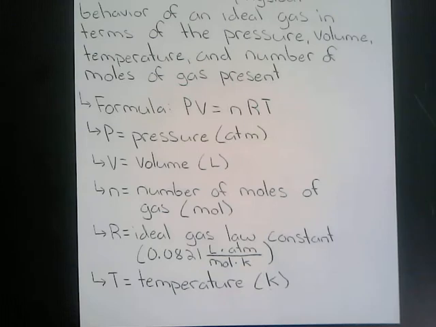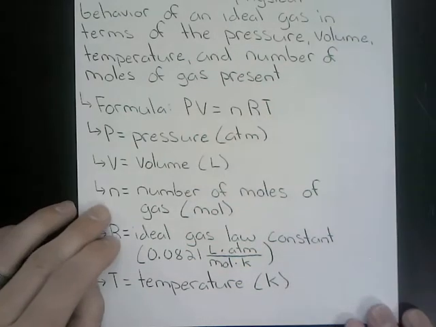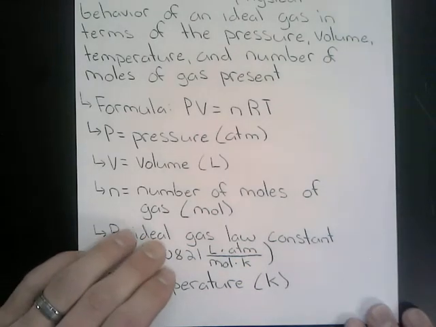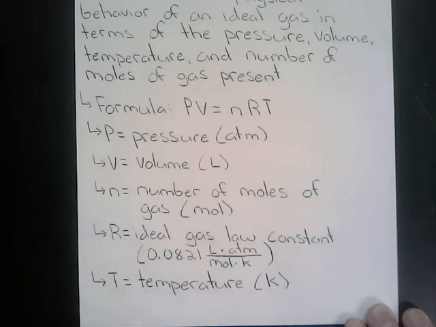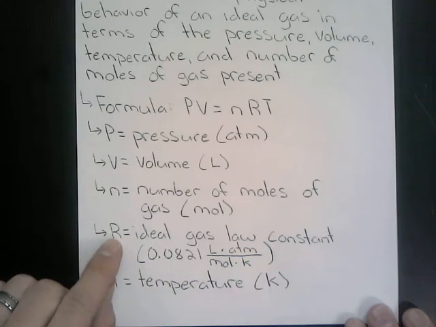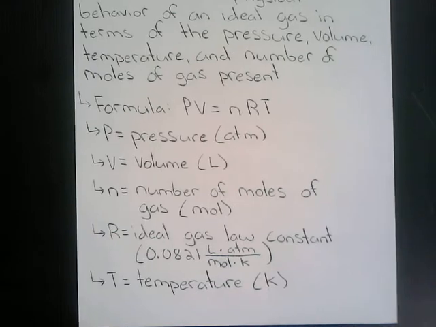Now, the difference between this formula and our other gas law formulas is that we introduced two new variables. The first new variable is the N for the number of moles of gas, and then we also introduced this R, which is the ideal gas law constant.